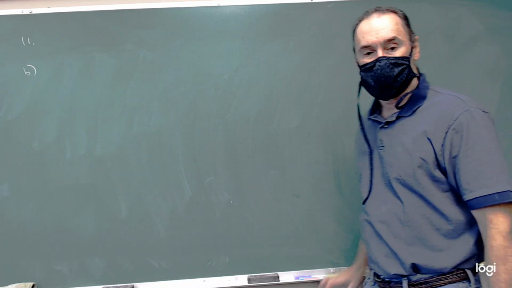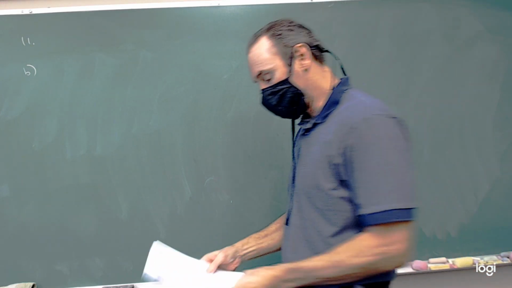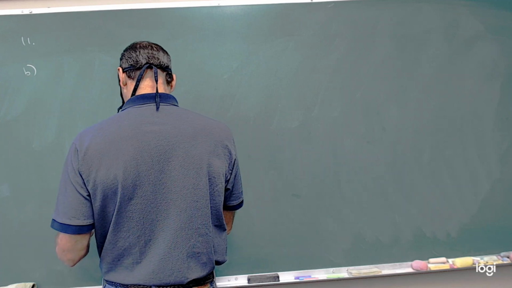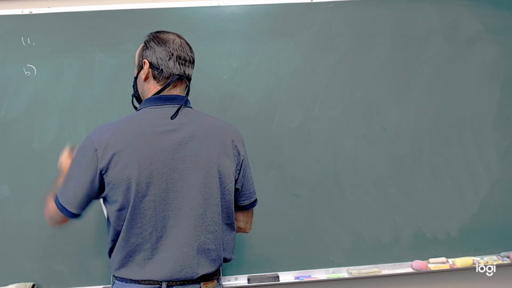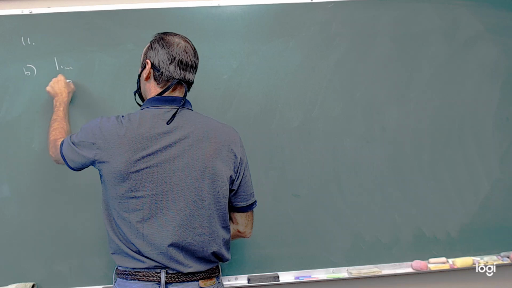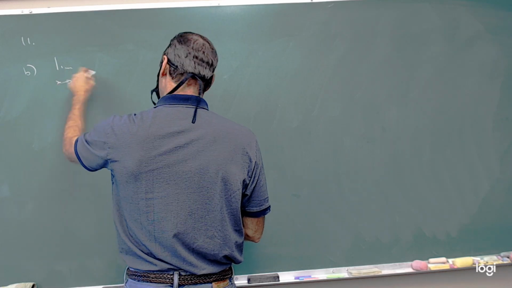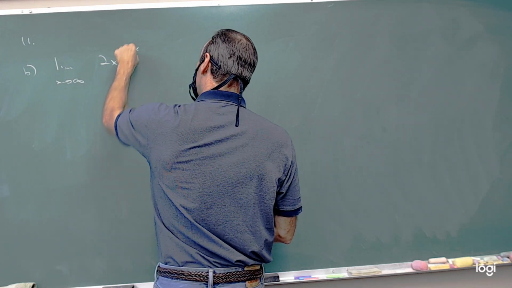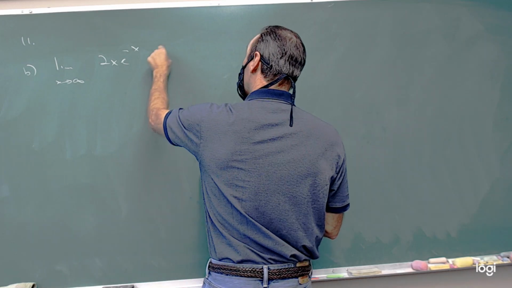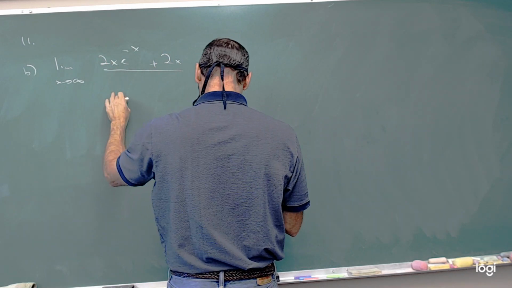So in B, what we're doing now is the limit as x goes to infinity of 2x e to the negative x plus 2x, all over x.